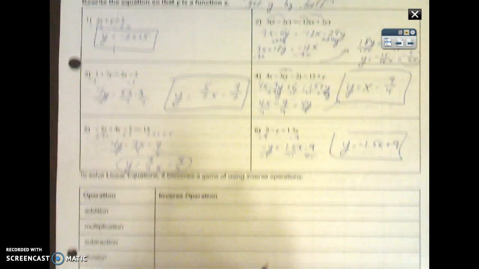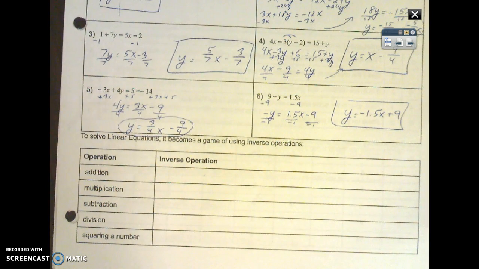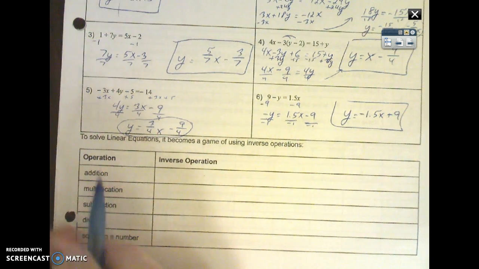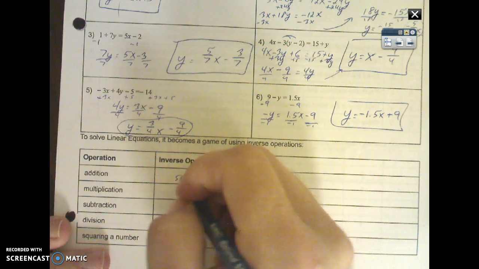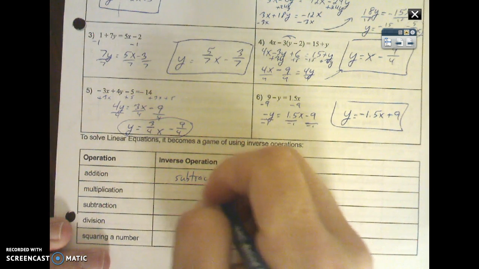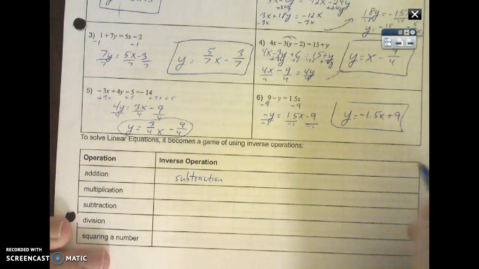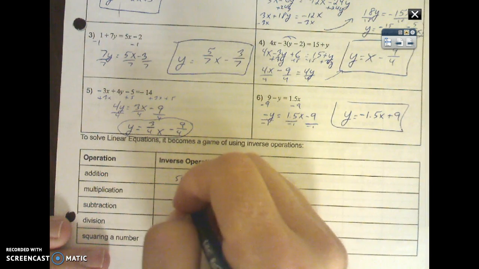Alright. To solve linear equations, it becomes a game of using inverse operations. So all we're doing is the opposite. It's all about the opposite. What's the opposite of this, opposite of that. So the opposite of addition is subtraction. The opposite of multiplication is division.